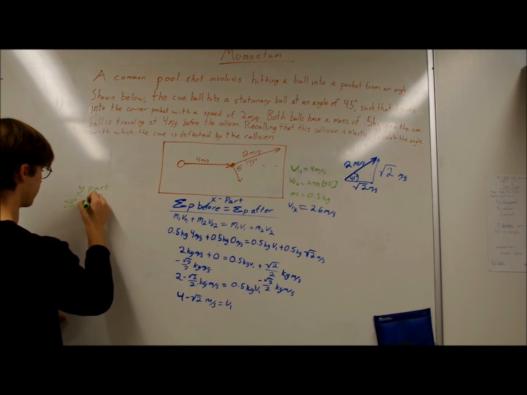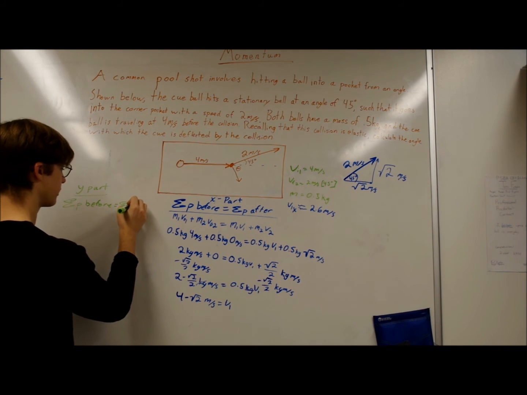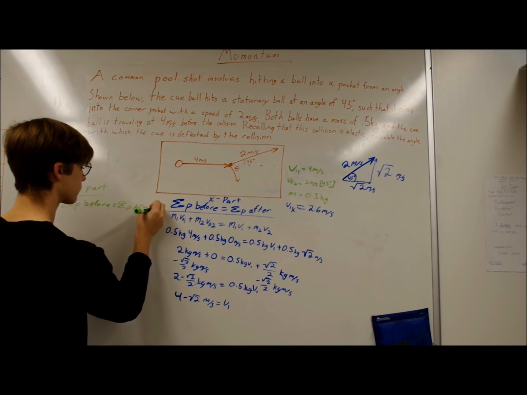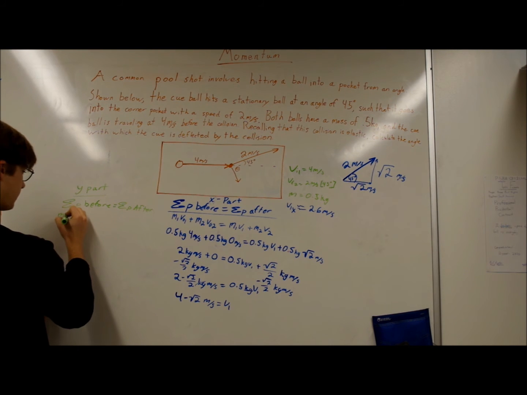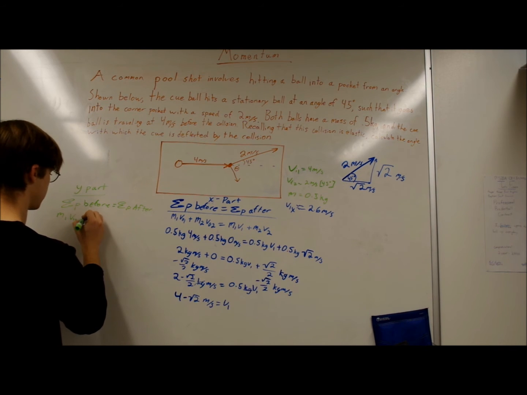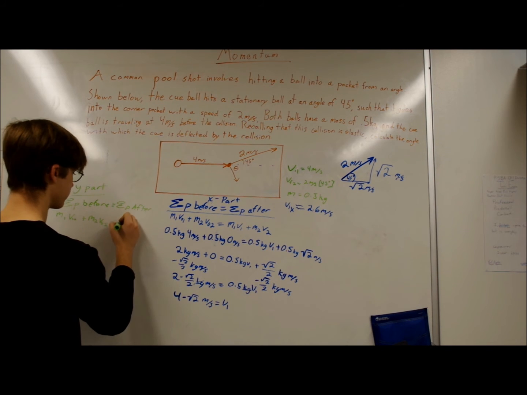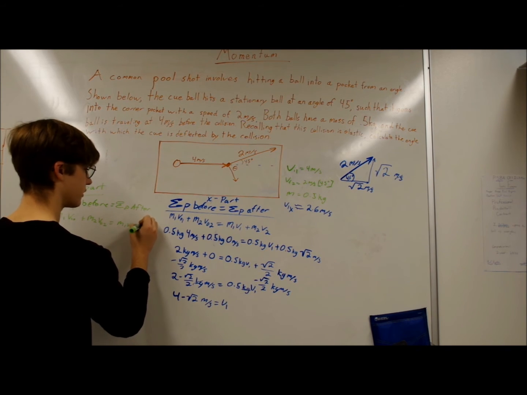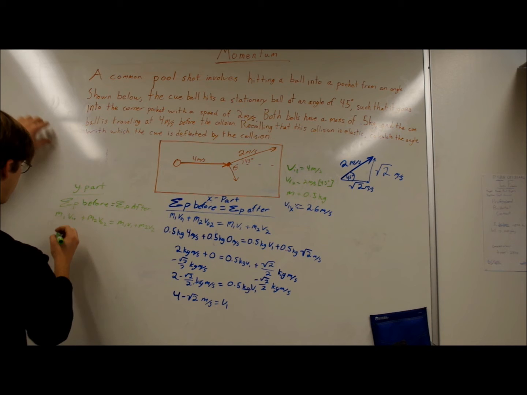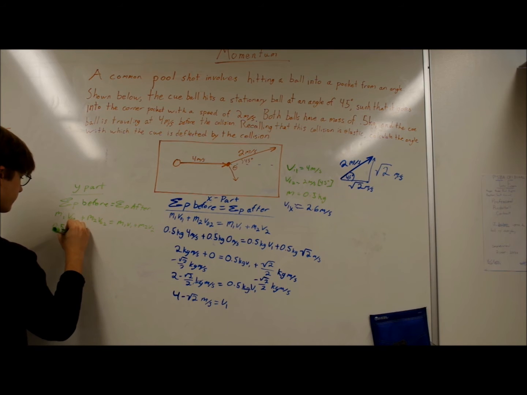The sum of the momentum before equals the sum of the momentum after: m1 v1 plus m2 v2 equals m1 v1 plus m2 v2. Now we can plug in the mass of the first object, which is still 0.5 kilograms.